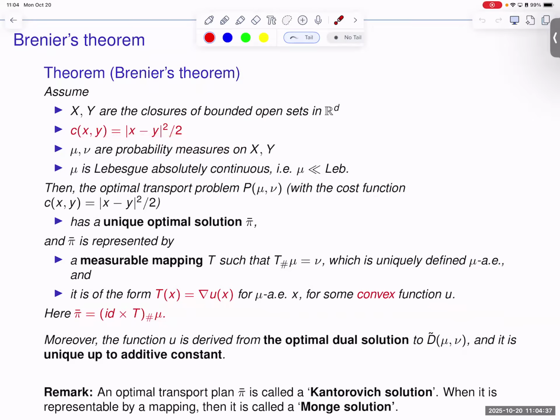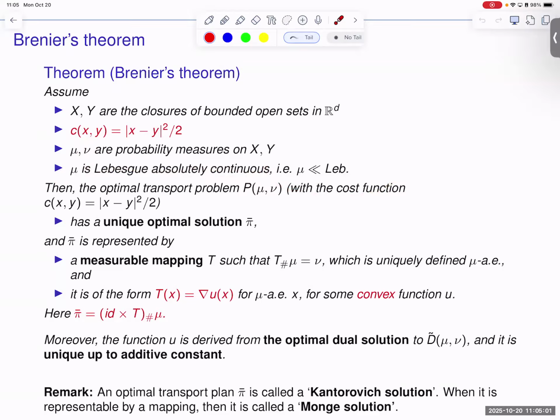So we are using the Euclidean distance, so distance squared. And source measure mu and target measure nu are probability measures. I mean, they have the same total mass, that's the point. And then we assume that the source measure mu is absolutely continuous with respect to the Lebesgue measure.